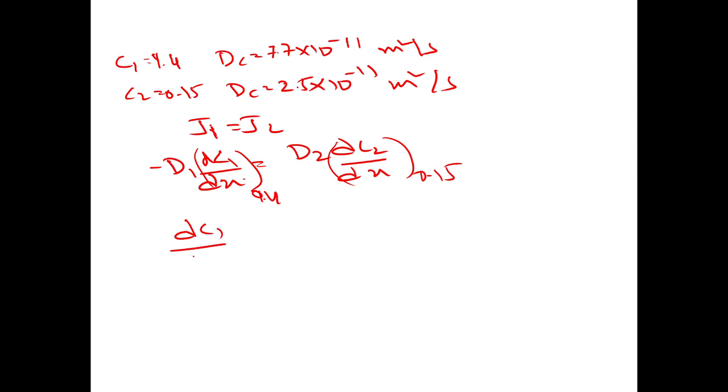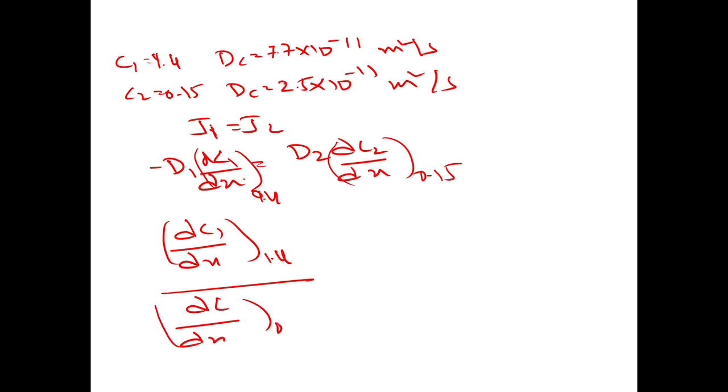That is, dC/dx towards 1.4 to the dC/dx towards 0.15 is given as 2.5 into 10 to the power of minus 11 to the 7.7 into 10 to the power of minus 11. So you just tell me the answer.